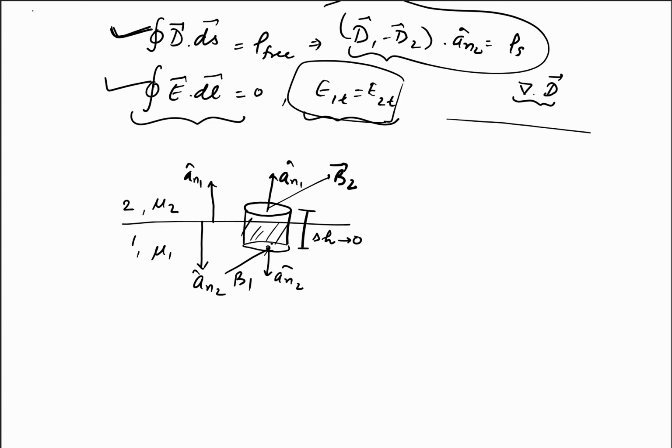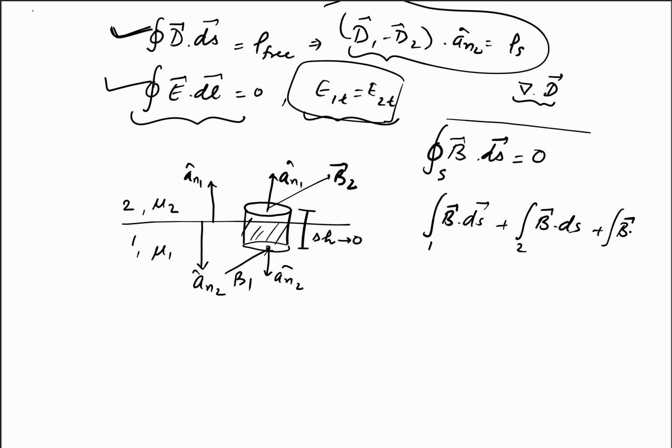Now we will try to formulate the equation so that we can find the boundary condition using the integral equation B dot dS over the whole closed surface is equal to 0. This surface has three parts: the top surface, the bottom surface, and the curved surface, and the sum is equal to 0.